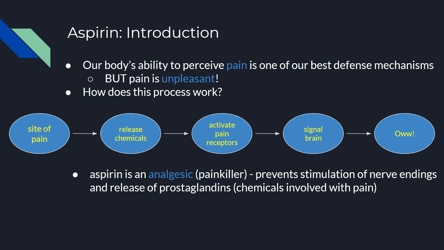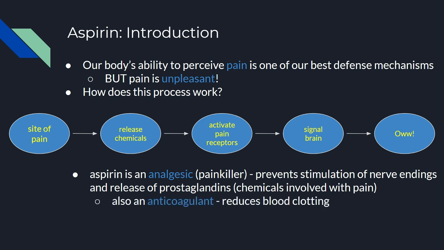So if we can stop the signal to the brain, we won't feel that pain. Or if we stop the release of the chemicals, we also won't feel that pain. It doesn't mean that our ankle won't still be swollen. It's just we won't feel the unpleasant feeling of the pain.